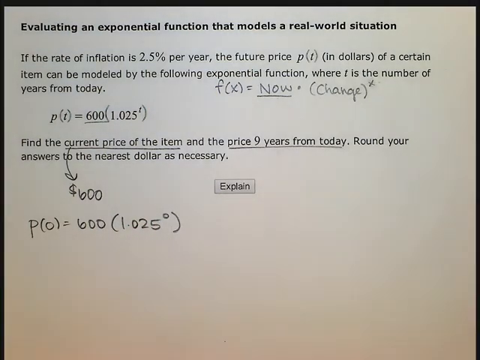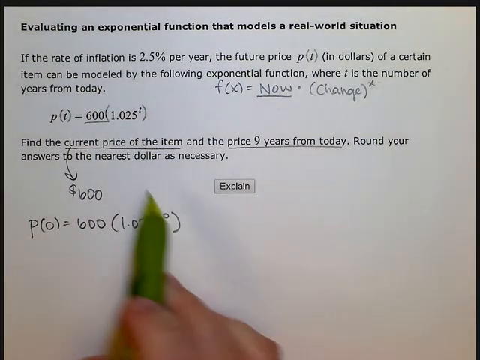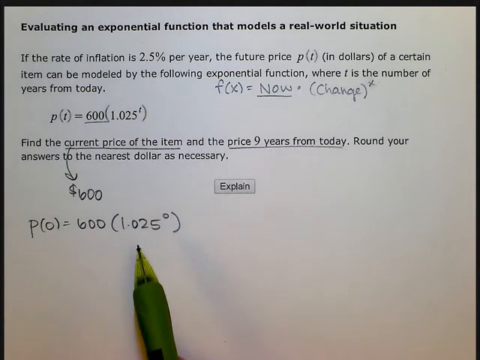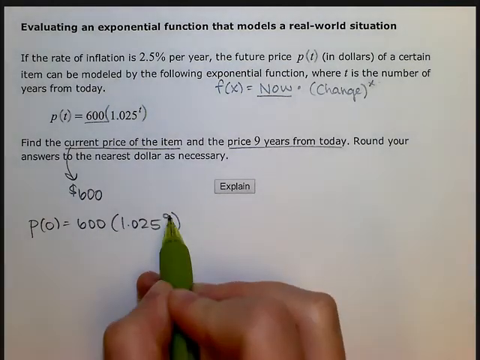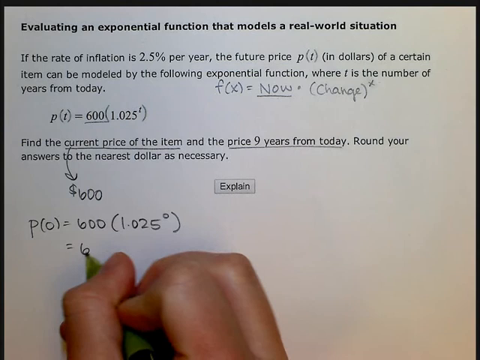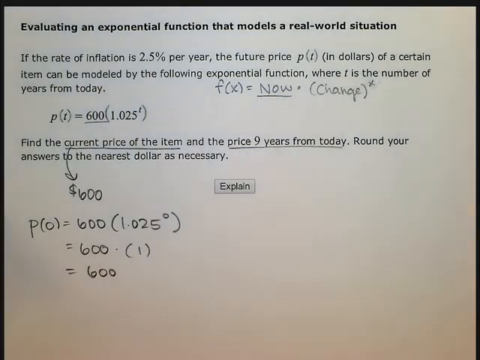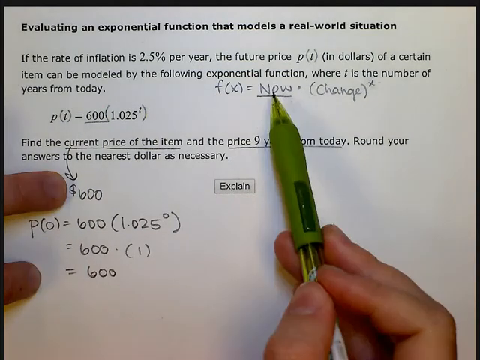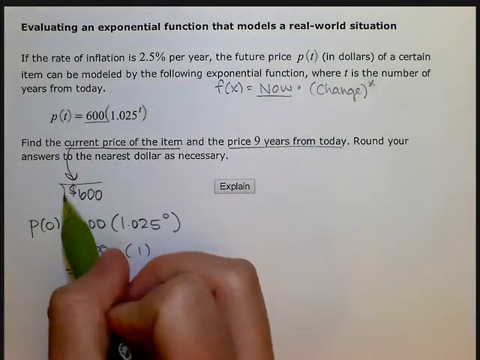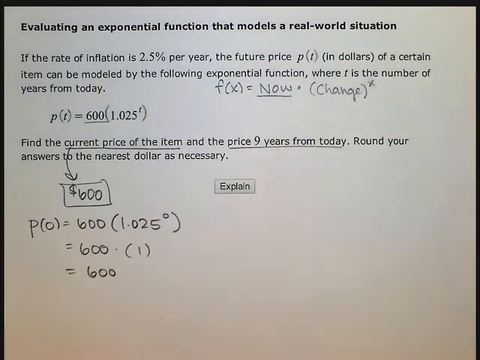I'm plugging in 0 years because today is 0 years away from today. Now, anything to the 0 power is 1, so I get 600 times 1, which is just 600, which matches the guess I had just by looking at the formula. So I can guarantee that that's the current or initial price of the item.